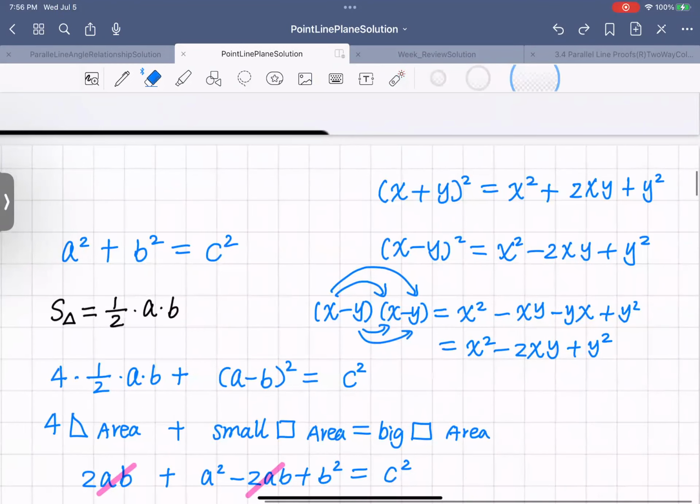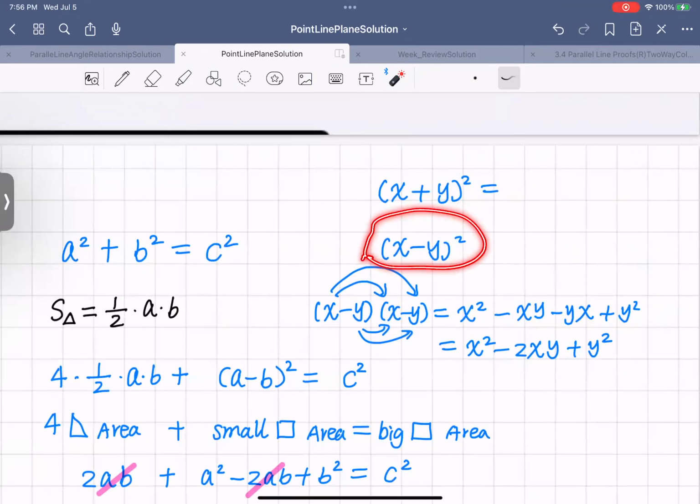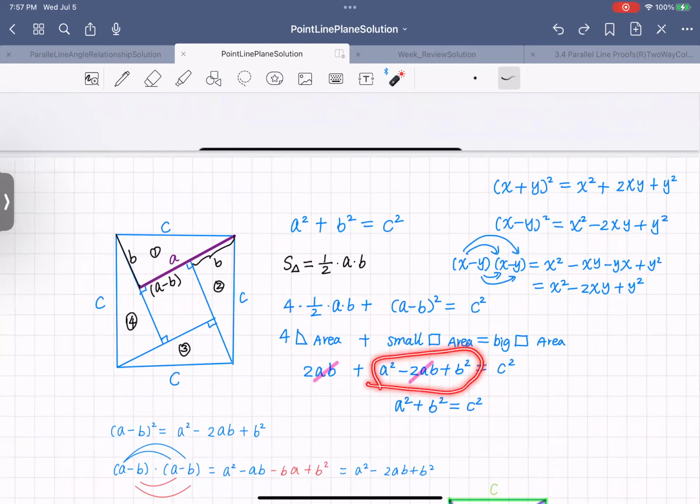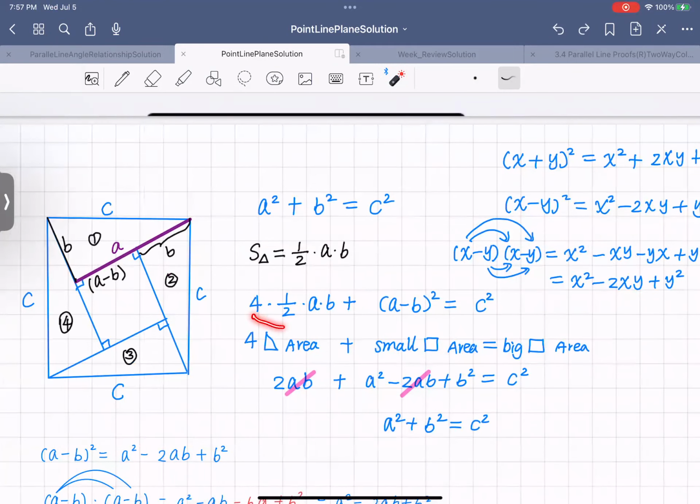Do you remember this formula? Who is this? X minus Y squared is X squared minus 2XY plus Y squared, correct? So with this formula, you will plug it in right here. 4 times 1/2 AB is 2AB.